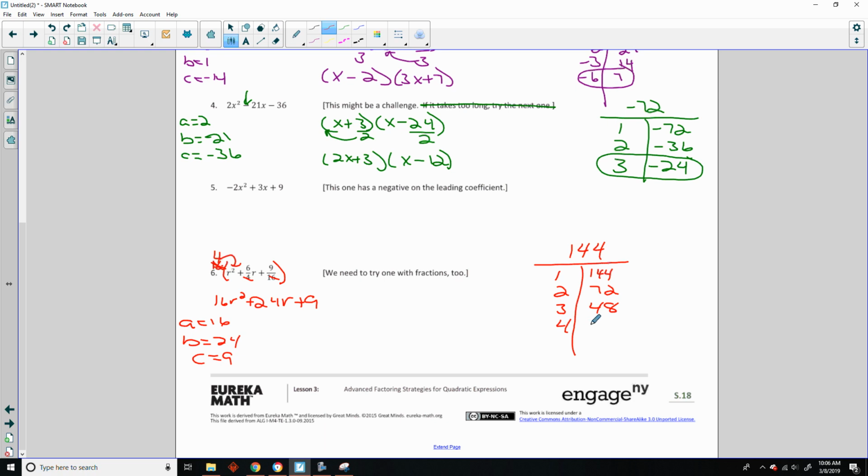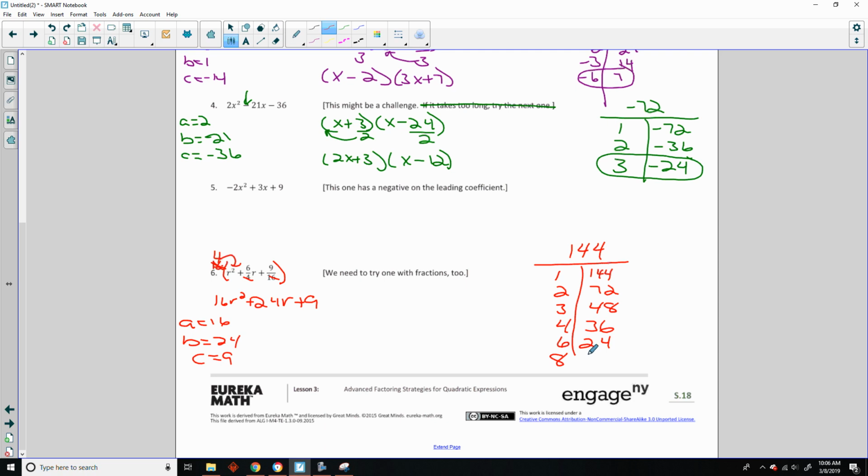3 is 12, 24, 6. 5 won't go. 6 times 2 is 12, 24 is 4. 7 won't go. 8. Let's see, 8 times 2 is 16. 8 times 1 is 8. 8 will work. 8 goes into 14 once.